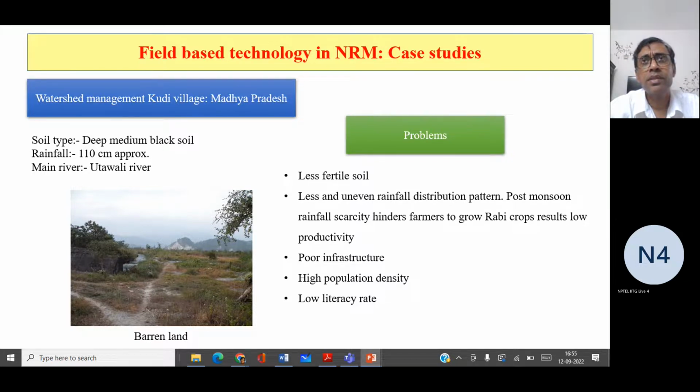So thus, the best possible way of natural resource management, if you recall, we discussed was watershed management, because that gives you the opportunity to actually handle most of the problems. We talked about various case studies, and I am happy that few of you in the first live session actually mentioned case studies.